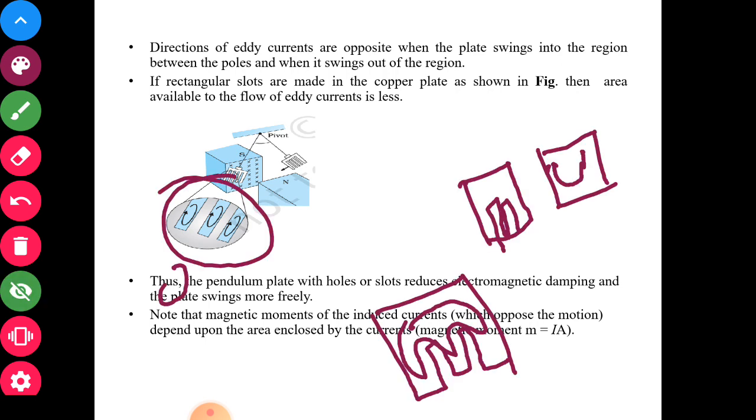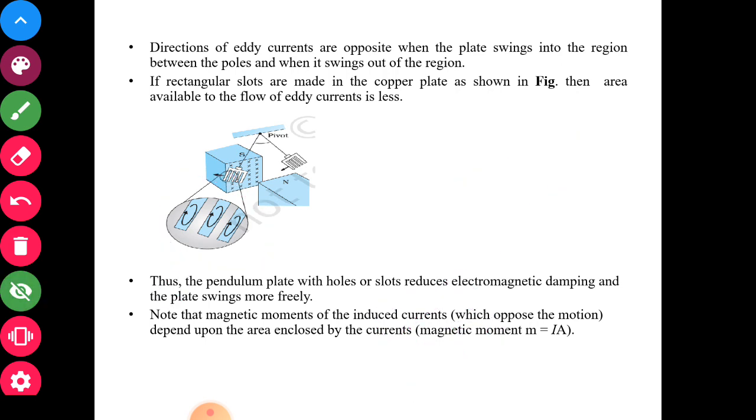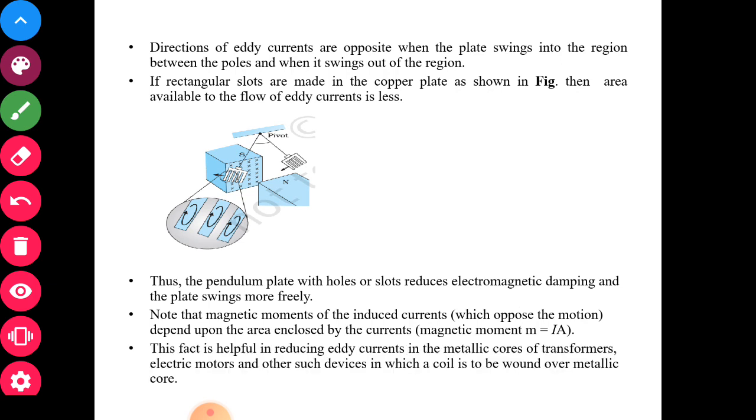As you know, magnetic moment is given by the formula M = IA. More the area, more the magnetic moment. Now if you find here there is less area, very tiny slots are there. So the area is less, the magnetic moment can be reduced and the effect of this eddy current can be minimized.